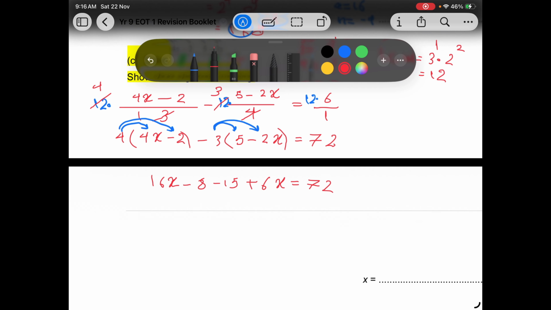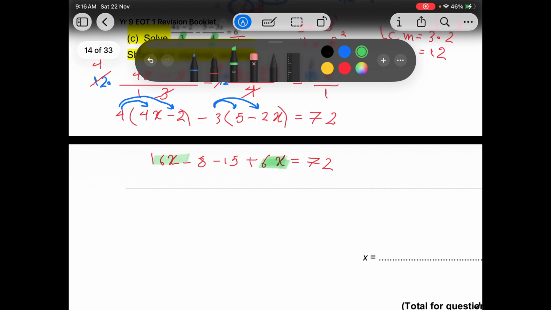72. Okay, and what I will do next, I will combine like terms, and who is like who here? This one and this one are like terms because we have the same variable part and same power, with different coefficients. And the numbers, of course, minus 8 and minus 15 as well.